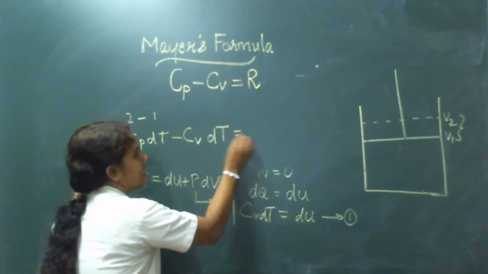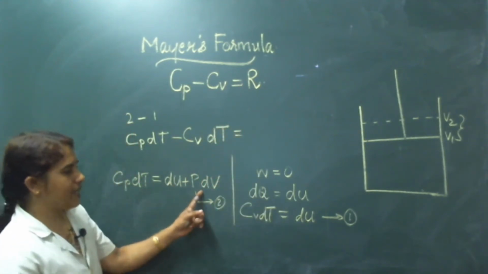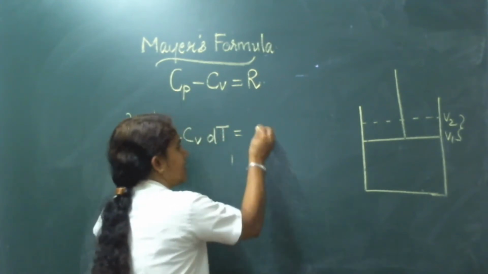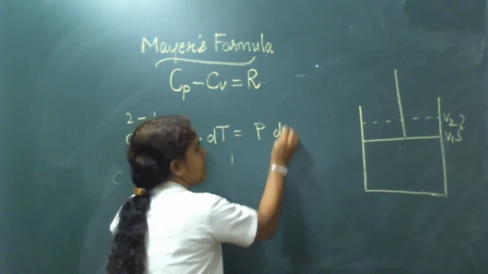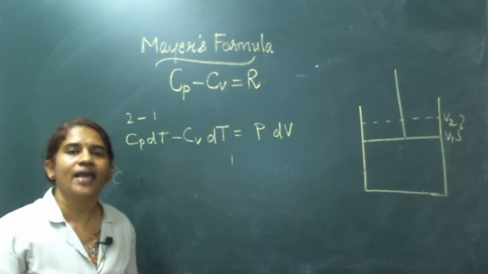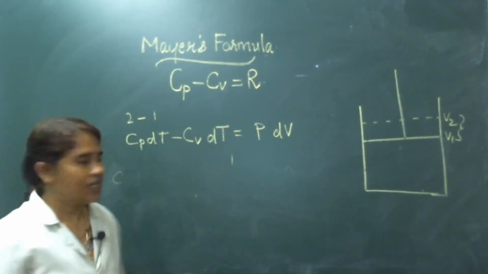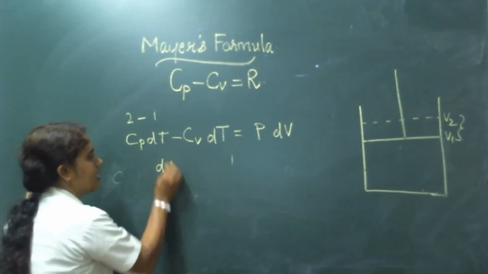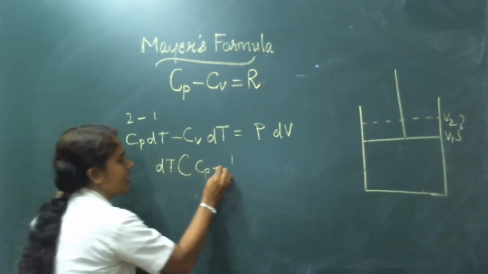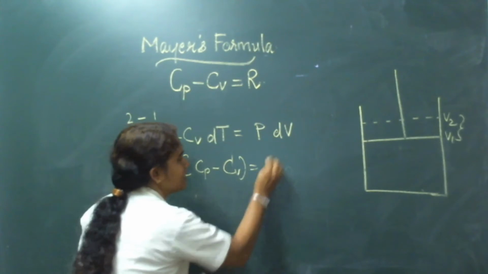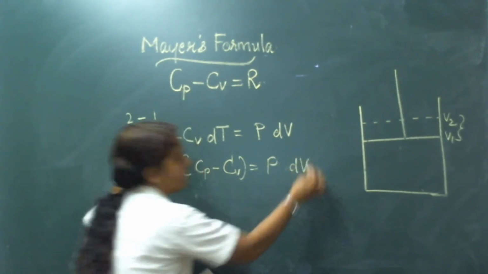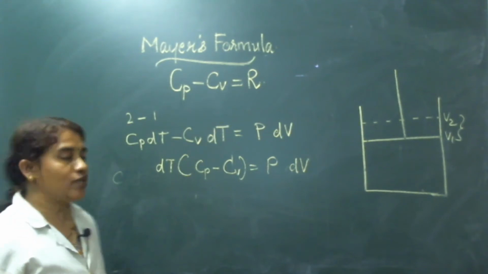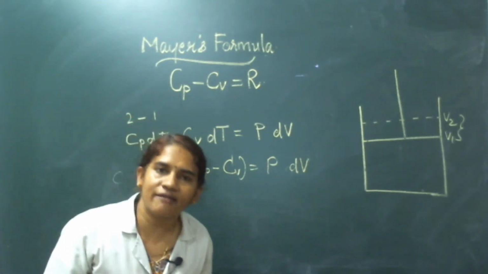The right hand side is du plus P dV minus du. That means du cancels, only P dV is there. Here dt is common, so we can take dt outside. Therefore, dt into Cp minus Cv is equal to P dV.